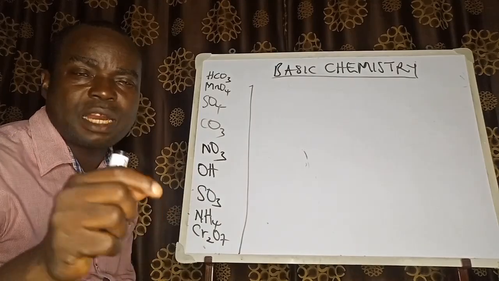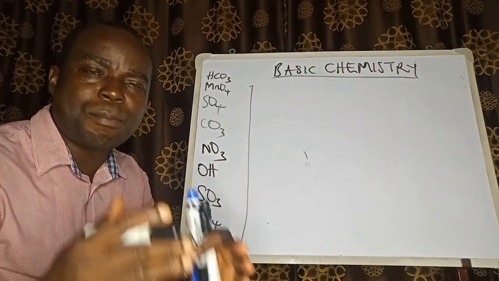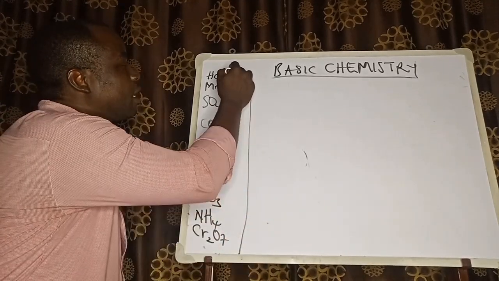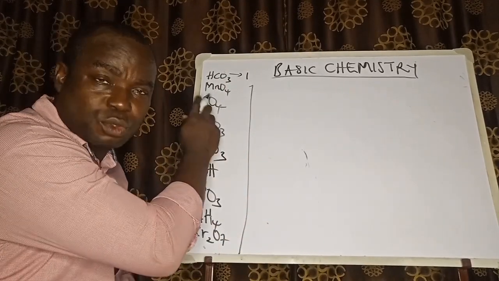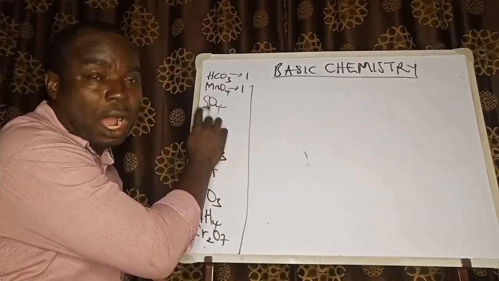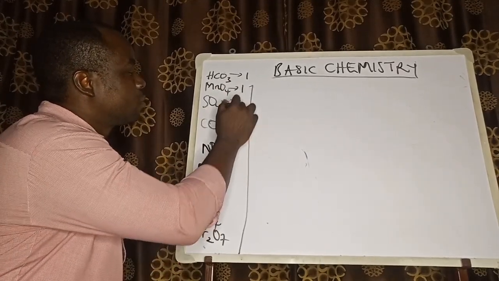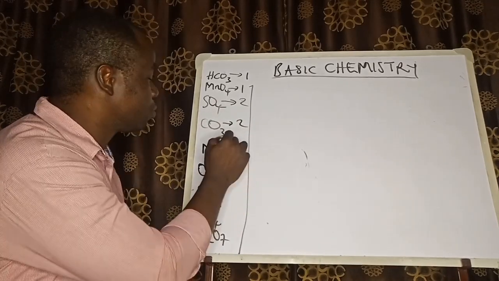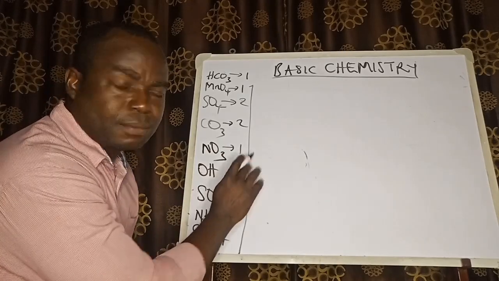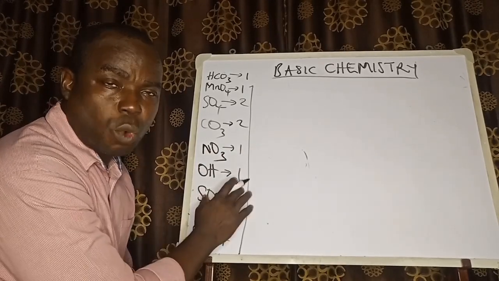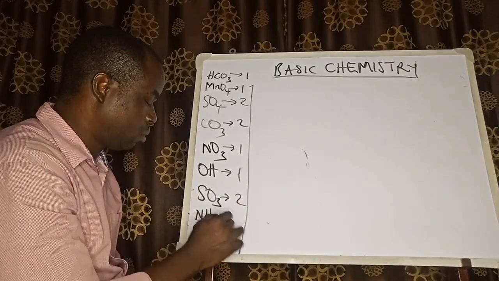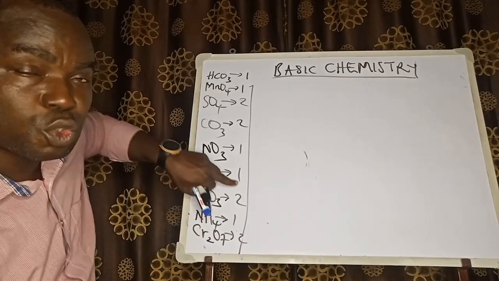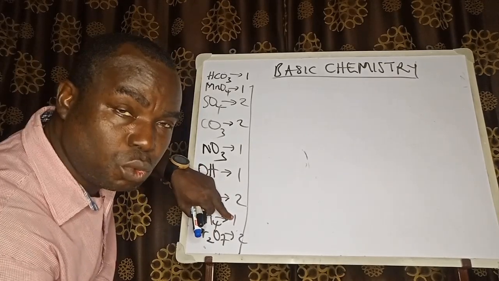Now, if you check what you copied from that video 1 under radicals, you will see all these things. Another reminder is about the valencies of all these radicals: SO4 is 2, CO3 is 2, NO3 is 1, OH is 1, SO3 is 2, and so on and so forth.